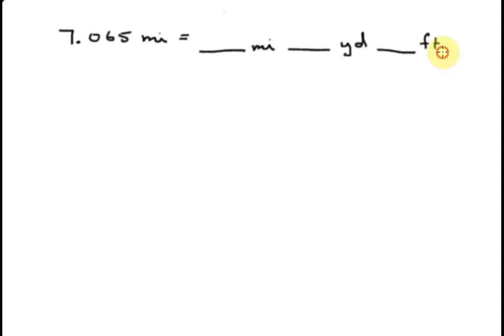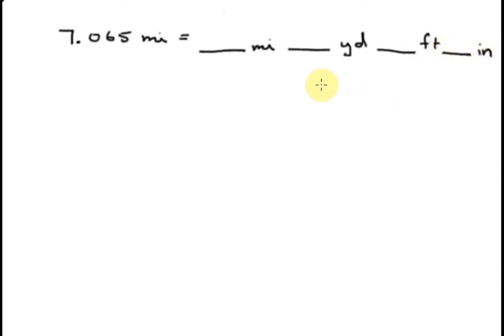And in this example, we're going to do the following. We're going to take 7.065 miles, and what we want to do is express that in how many miles that is, and in addition, how many yards, and how many feet, and finally how many inches.